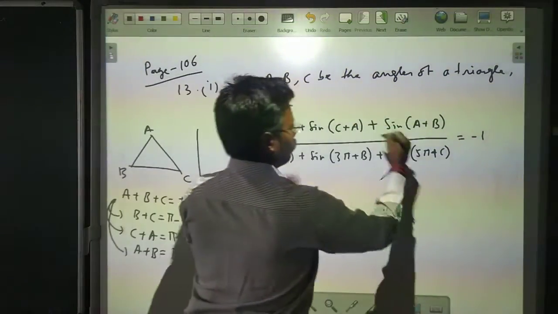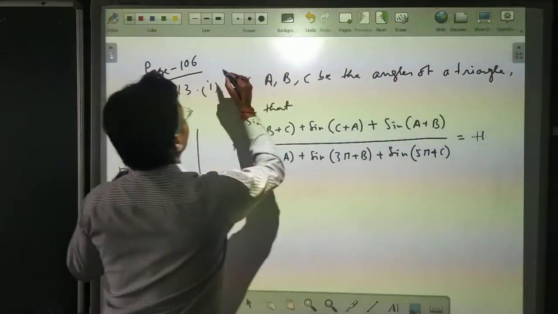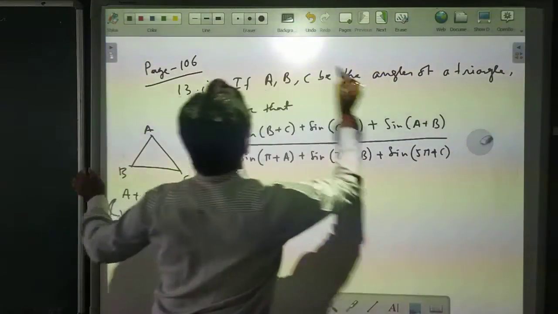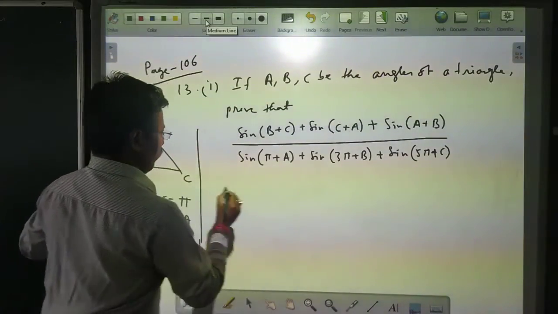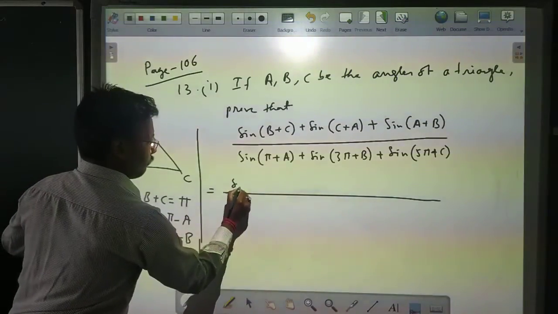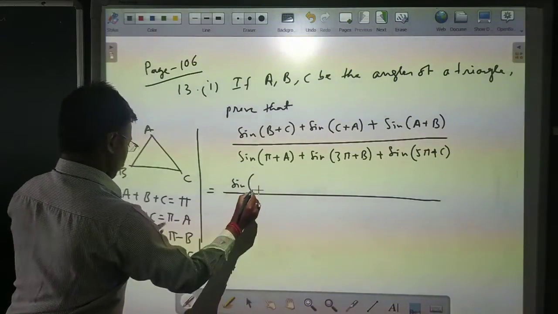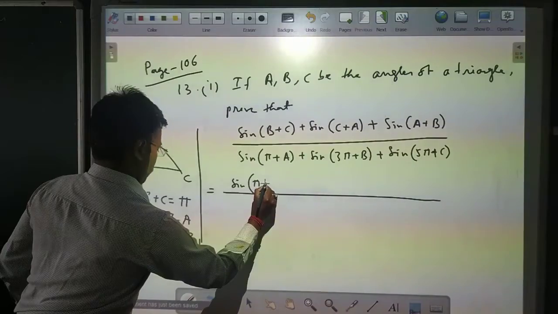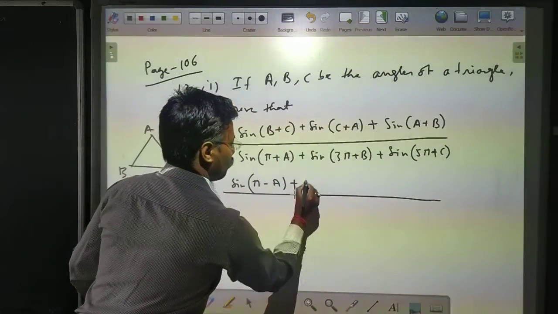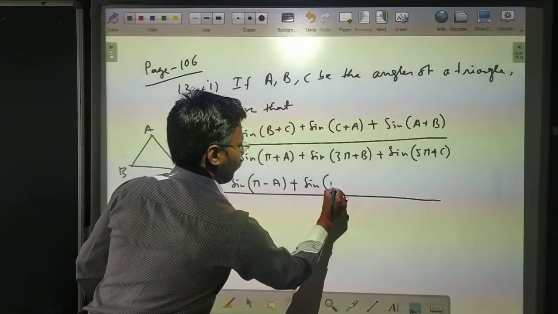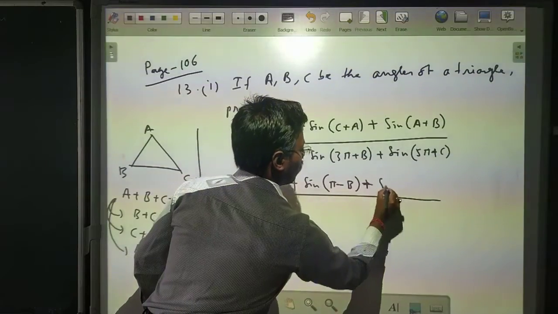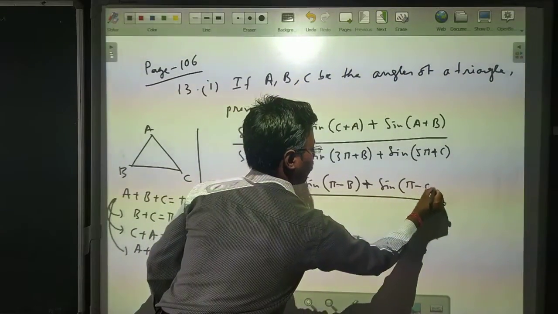Because we need to prove that this is equal to minus 1. So now, for b plus c, we write pi minus a. Similarly, for the other 2 terms, we can write pi minus b and sine pi minus c.